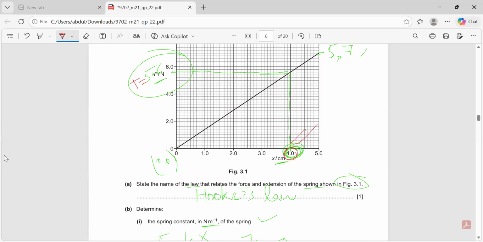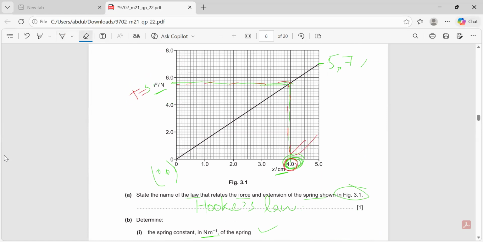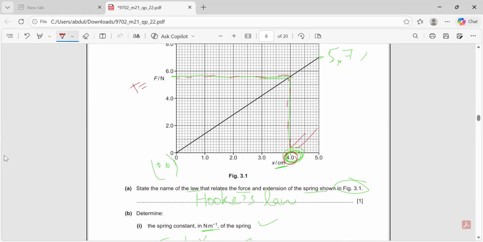Here is the 4 centimeters, then a dotted line goes up till it touches the graph, and here this tension is how much? Already we have calculated that the answer came to be 5.6 Newton. So tension is obtained from the graph by making use of the extension. There was a purpose why the extension was given: it was given for calculation of tension in that particular scenario. Is that okay? Yes.